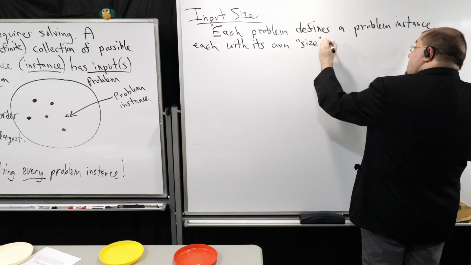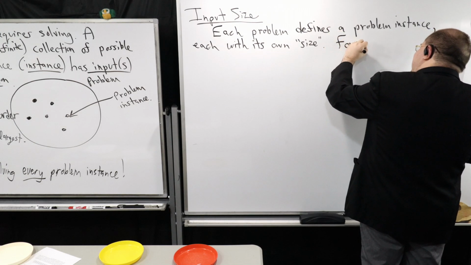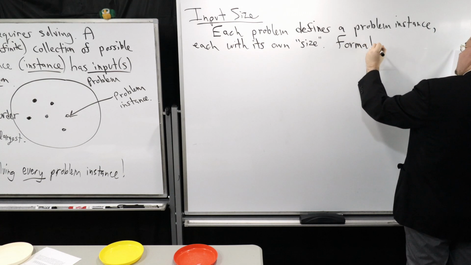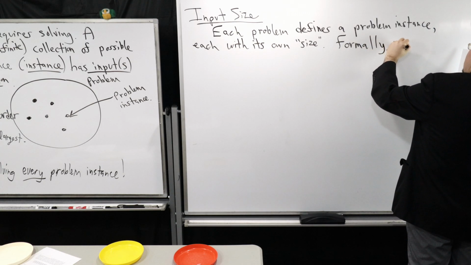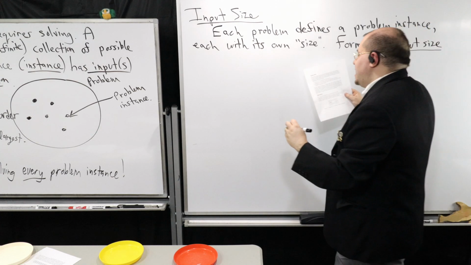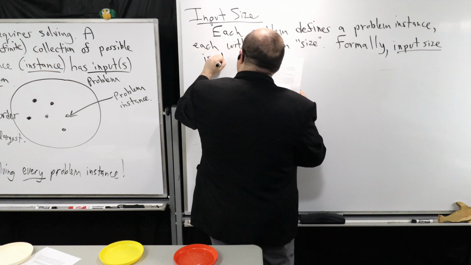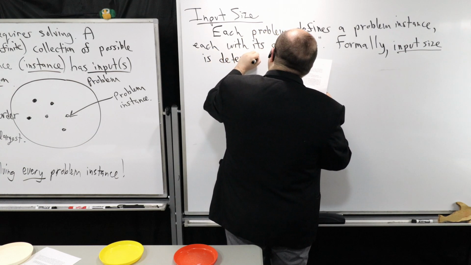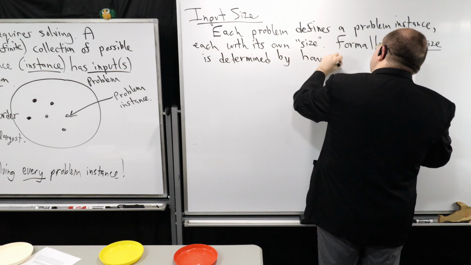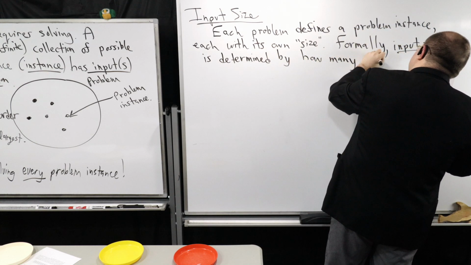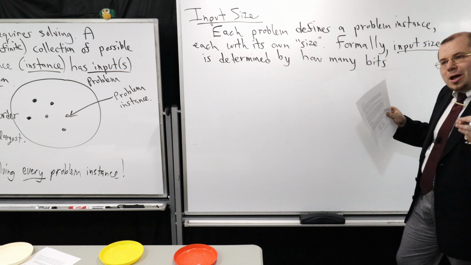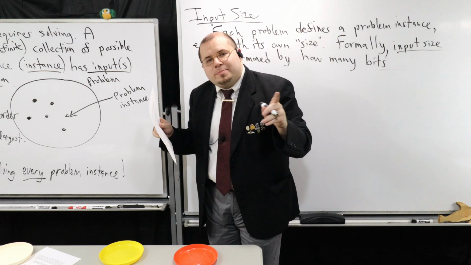So here's the more formal definition. Formally, input size is determined by how many bits, and I must stress that when I use the word bits, I'm not trying to be specific only to binary.